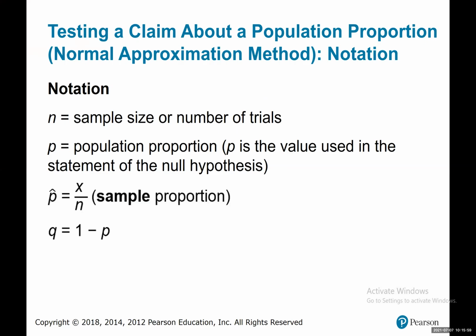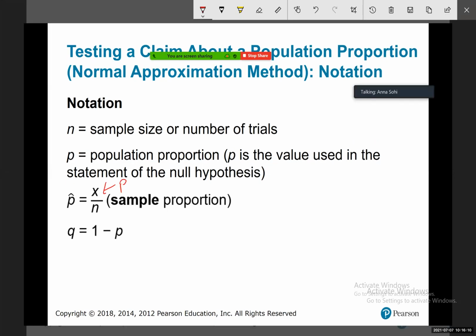n is the sample size. p is the population proportion. p hat is the sample proportion, where x is partial over total.